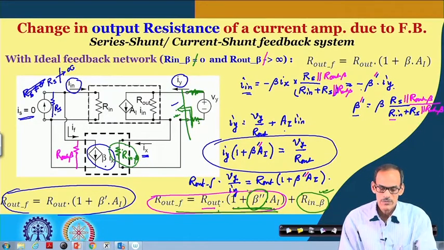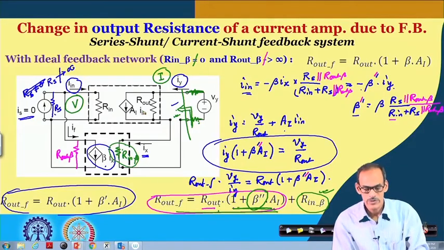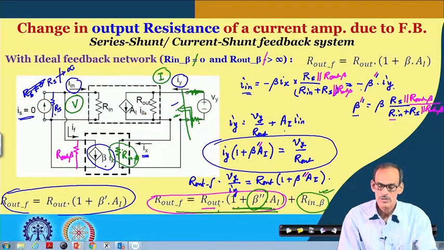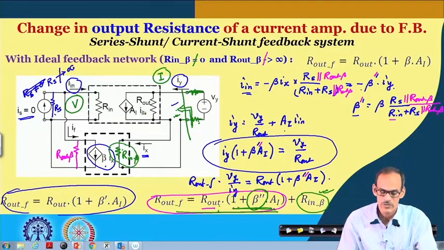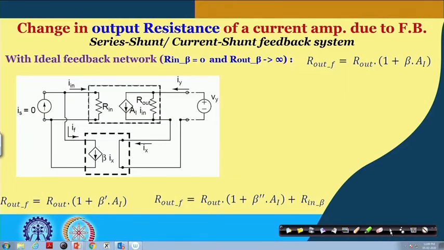So, the fourth configuration, where the signal here is current and on the other hand the signal here is voltage, namely the transconductance amplifier. So, we are going to discuss the output resistance change in the transconductance amplifier in the next slide. Yeah. So, here we do have the circuit.